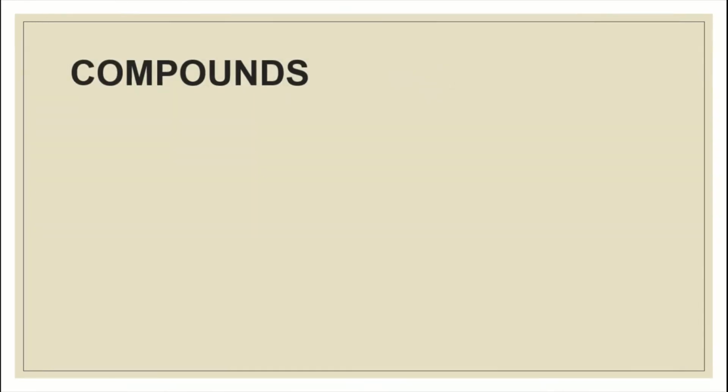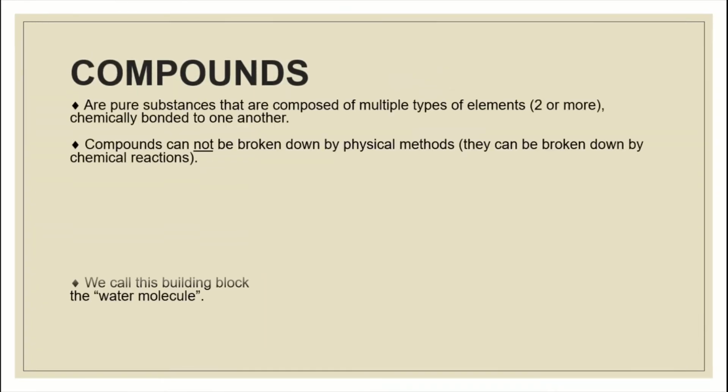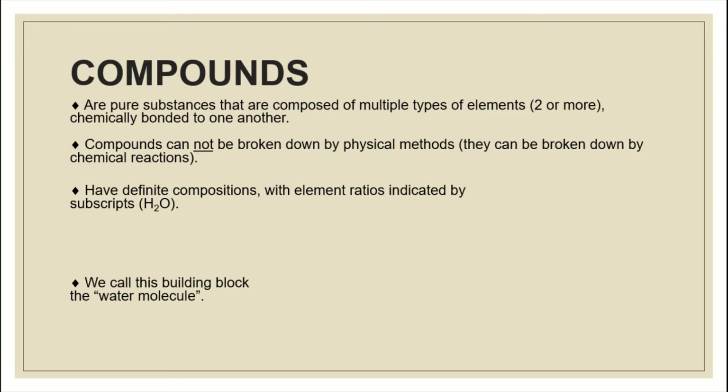Okay, let's move on. Compounds are pure substances that are composed of multiple types of elements. Compound, from the word compound, means two or more elements are chemically bonded to one another. Compounds cannot be broken down by physical methods. They can be broken down by chemical reactions.